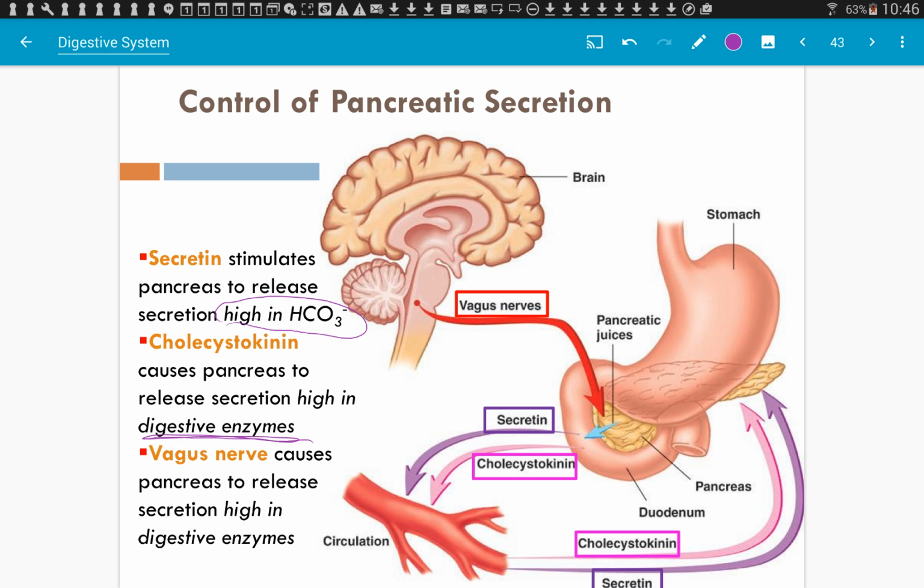The vagus nerve, coming from the brain, tells the pancreas to also release digestive enzymes. Notice here that both secretin and cholecystokinin are released into the bloodstream, travel back around and tell the pancreas to release those enzymes. It's kind of circuitous.